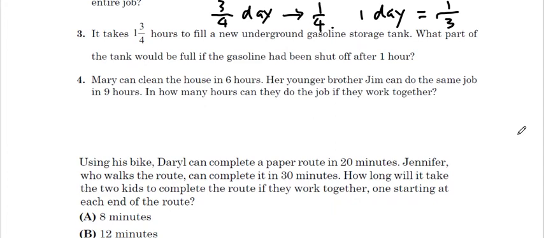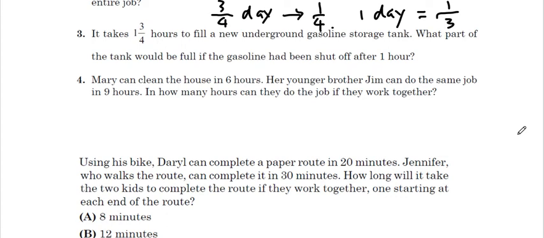Okay. So for problem 3 and problem 4, quite the same. For 3, it takes so many hours to fill a new tank, so we can say it needs so many hours to finish the job.